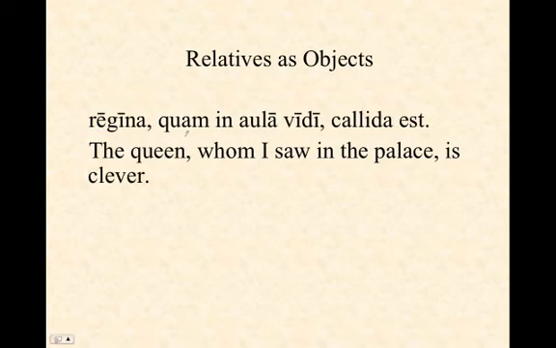In the feminine, we again have main sentence. The queen is clever. What queen? The queen quam in aula vidi, whom I saw in the palace. And again, you're noticing that Latin has different forms of the relative depending on the gender of the antecedent.